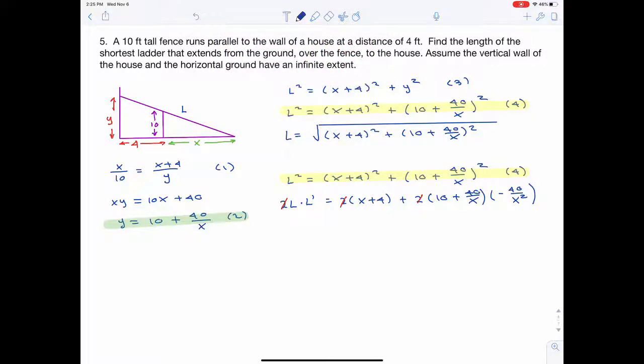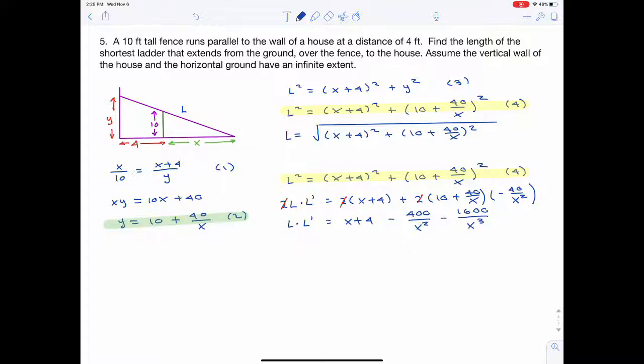Okay, and let's clean things up. So I get L times L prime equals x plus 4. And multiplying those things together, I get, what is that? Negative 400 x squared. Yep. Minus 1600 x cubed. Okay?